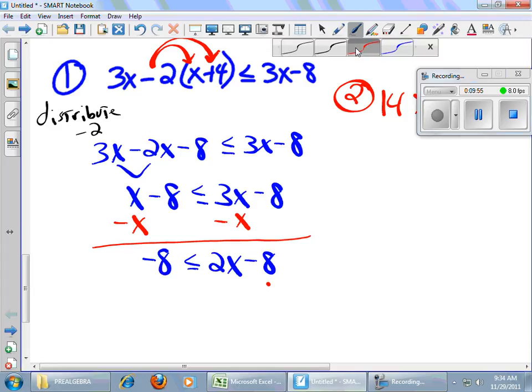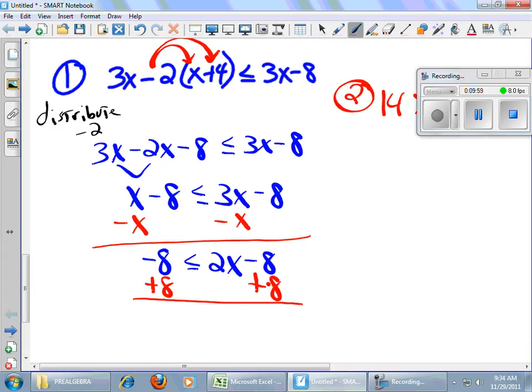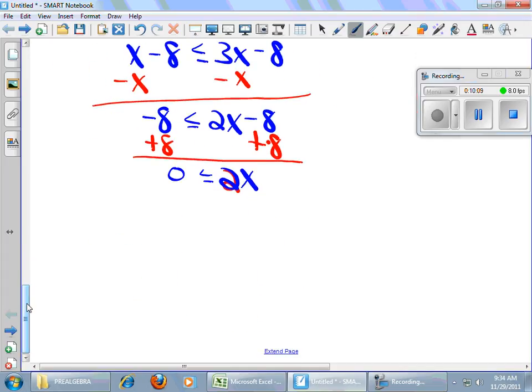I'll add 8 to both sides, giving me the inequality that 0 is less than or equal to 2x. I'll divide both sides by 2. Hopefully you're starting to realize that 0 divided by 2 is a number. It is 0.